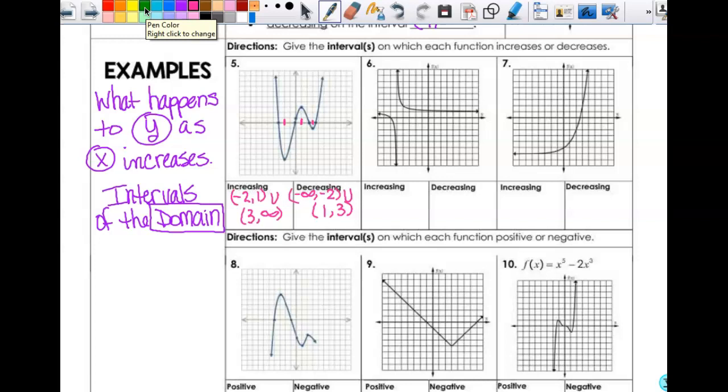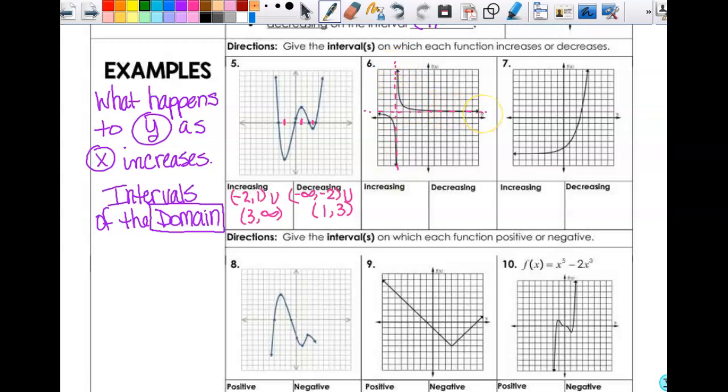All right, so on number 6, we have asymptotes here. There's an asymptote here and an asymptote here. Okay? And when I'm talking about increasing and decreasing, remember, it's what is happening to y as x increases. So I'm going from left to right on my x-axis. This function decreases, decreases, decreases, decreases. Then I have to jump to the other side of the asymptote, and it decreases, decreases, decreases.